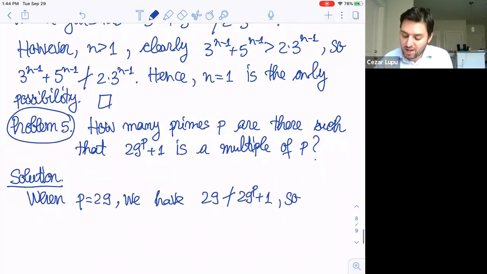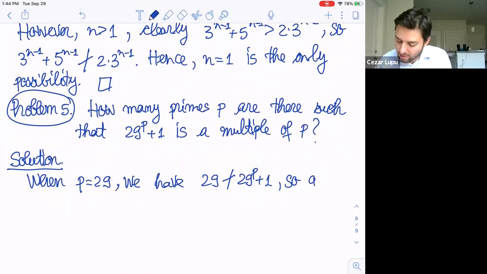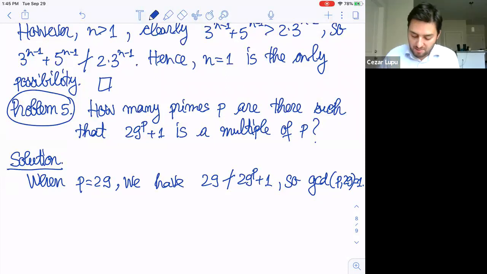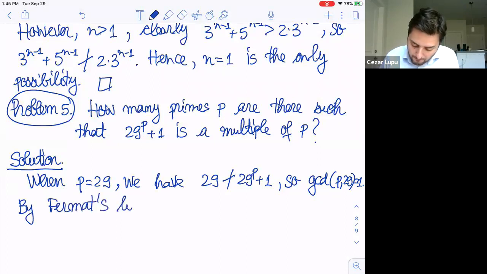So the GCD between P and 29 is 1. So the greatest common divisor is 1. And now guess what? Since the GCD of P and 29 is 1, let's apply Fermat's little theorem. By Fermat's little theorem, what do we have?